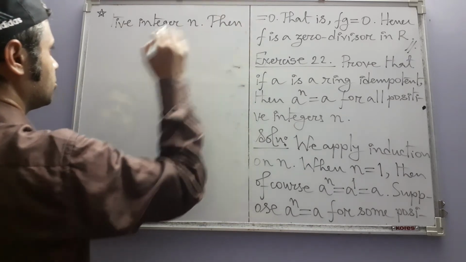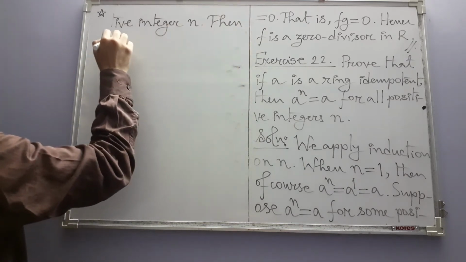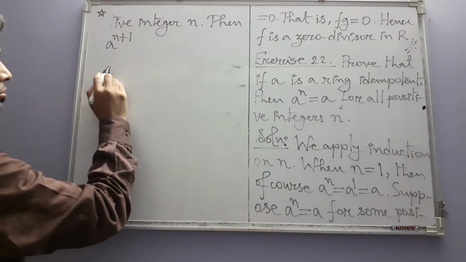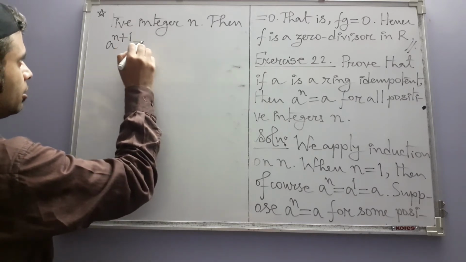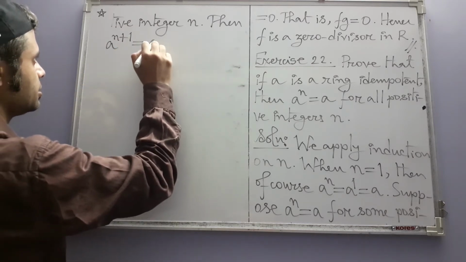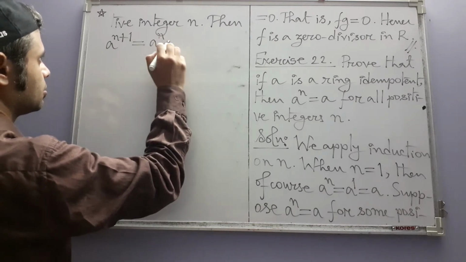Then we need to show that the n plus 1th power of a is also equal to a. Now this can be written as this.